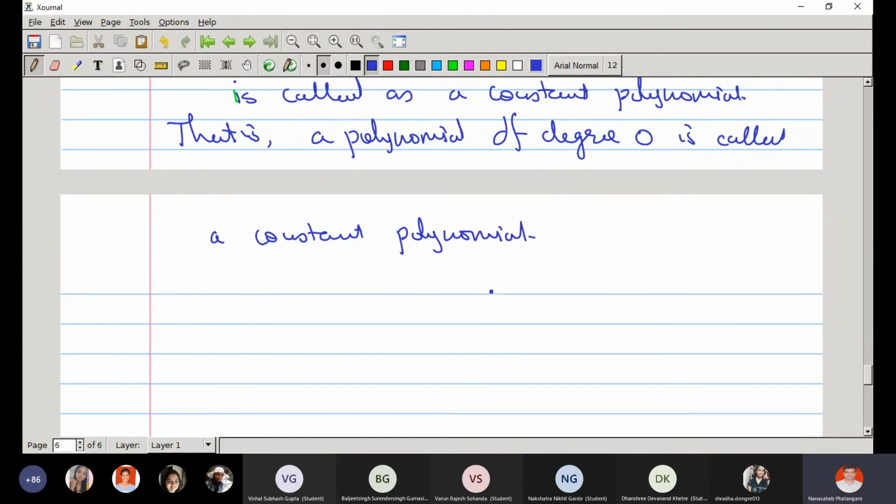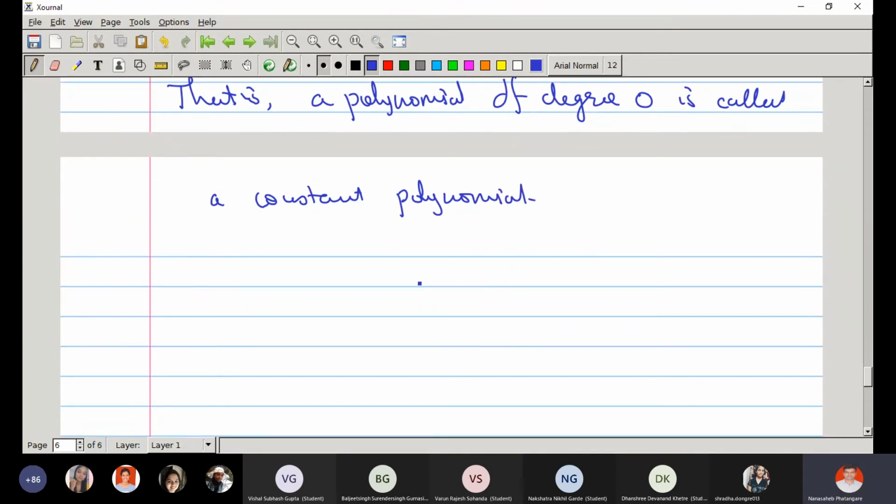Therefore every real number is a polynomial, and every integer is also a polynomial. Right, is this clear?